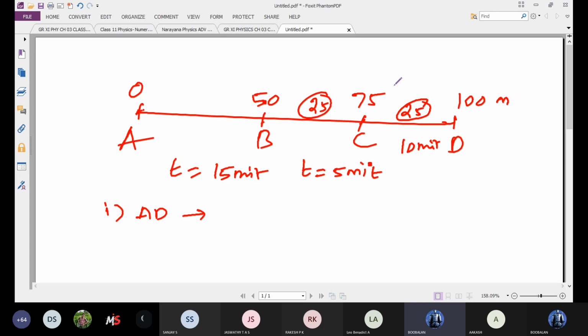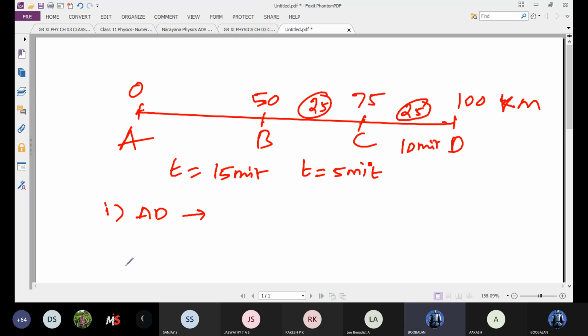Consider meter or kilometer. The time should also be taken: A to B 15, B to C 5. That is 15 plus 5, 20, 20 plus 10, 30.